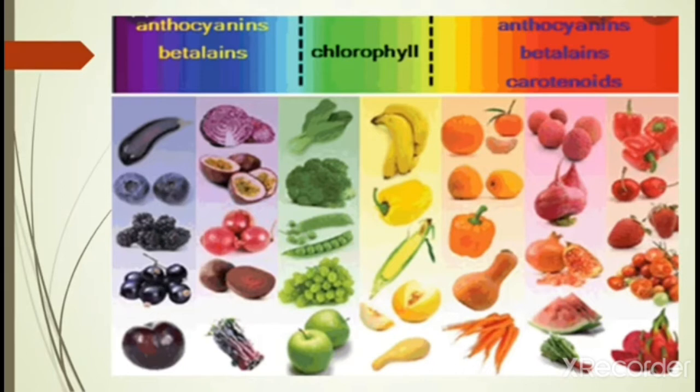Carotenoids give orange color. Xanthophyll, which is not mentioned in this table, is a pigment which gives yellow color. So all the different colors which you see in the plants are mainly because of the different pigments present in it.